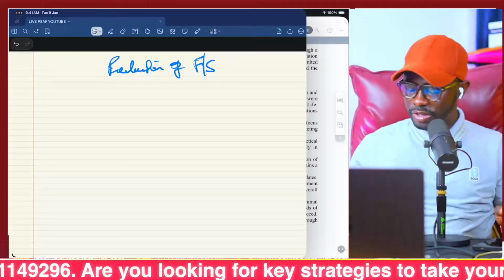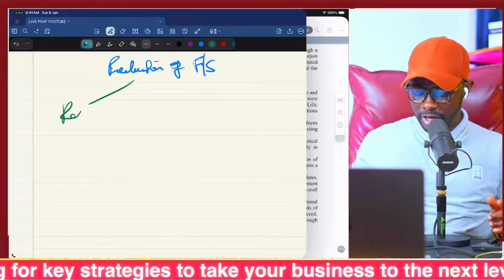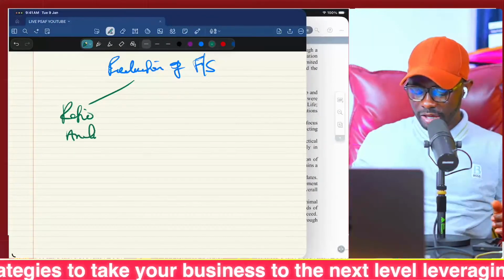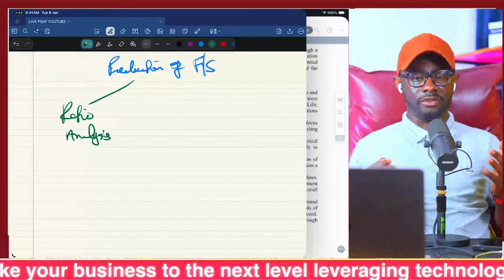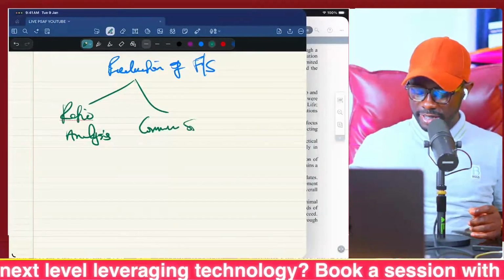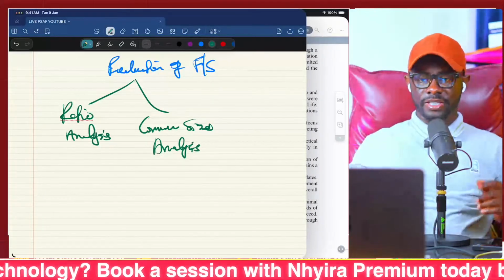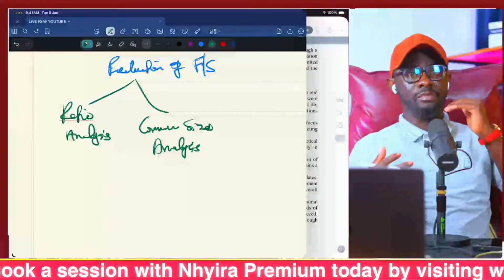We can do evaluation using either, number one, ratio analysis, by calculating the ratios and interpreting them, or number two, using what is called common size analysis, where the financial statement of the entity will be represented in percentages.